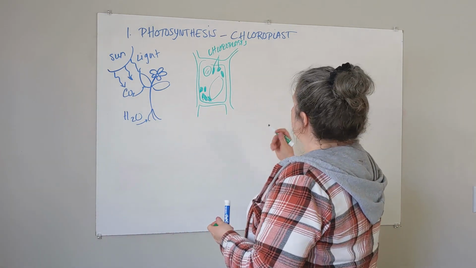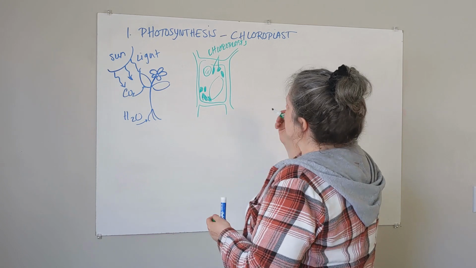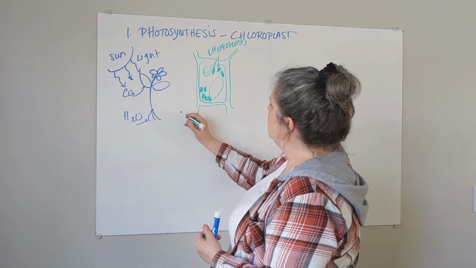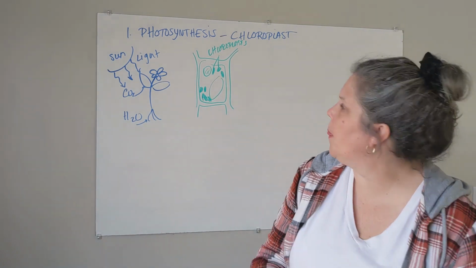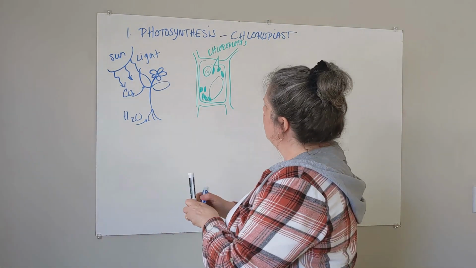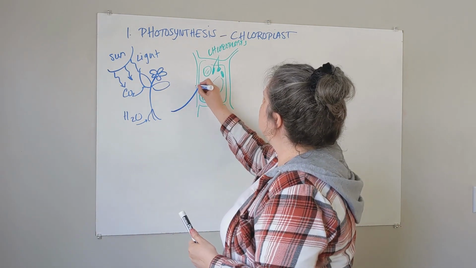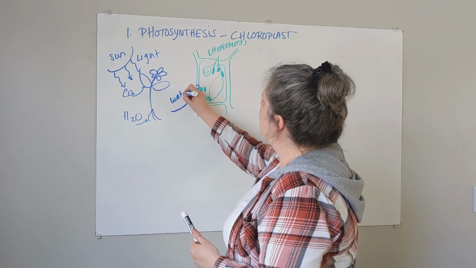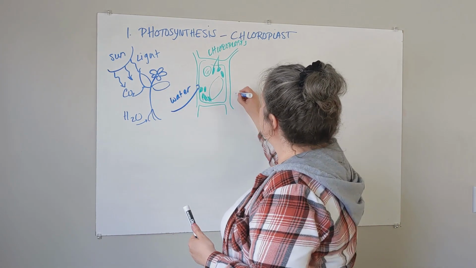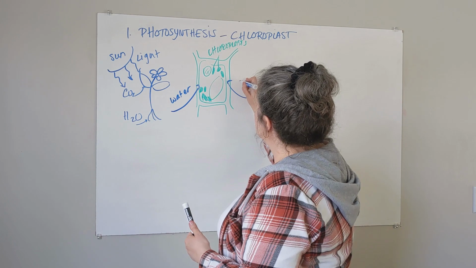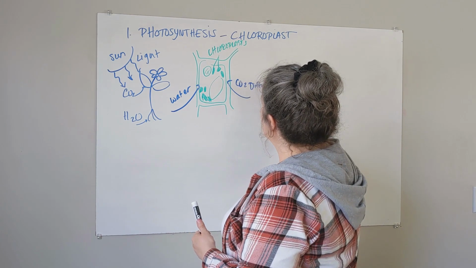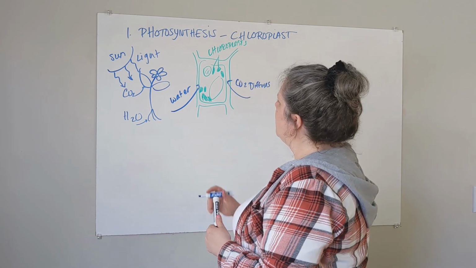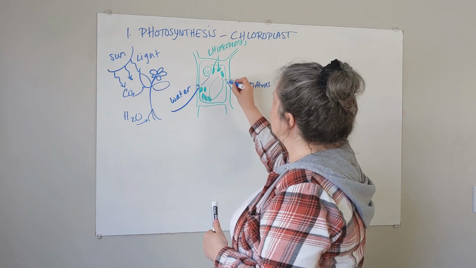So when we look inside a chloroplast, what happens is that water comes into the cell through osmosis, and CO2 diffuses in through the cell membrane, and they make their way, both of them, to the chloroplast.